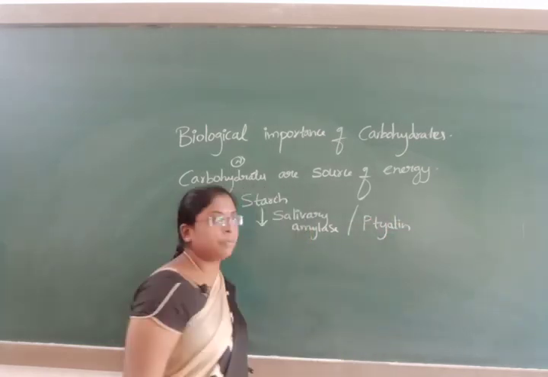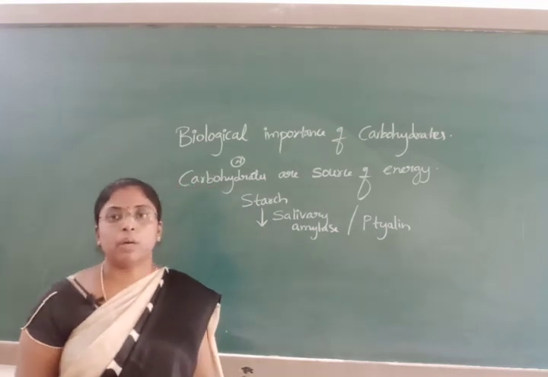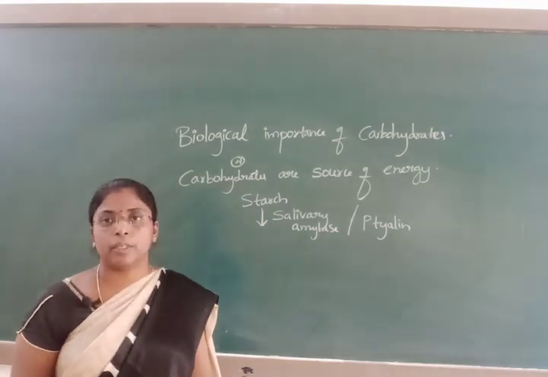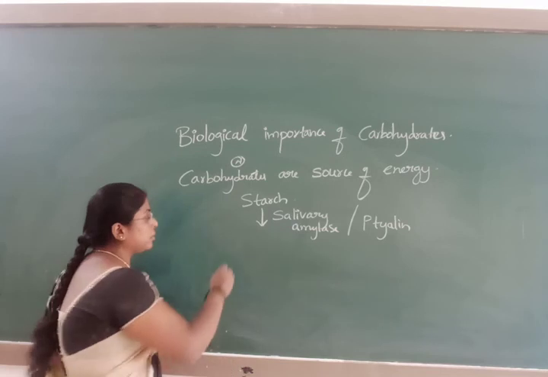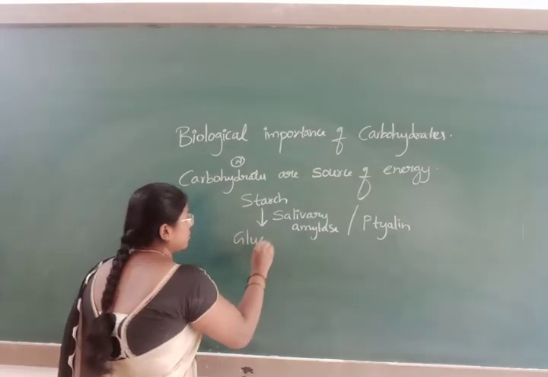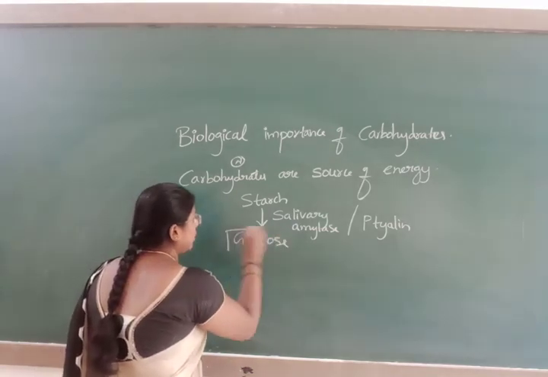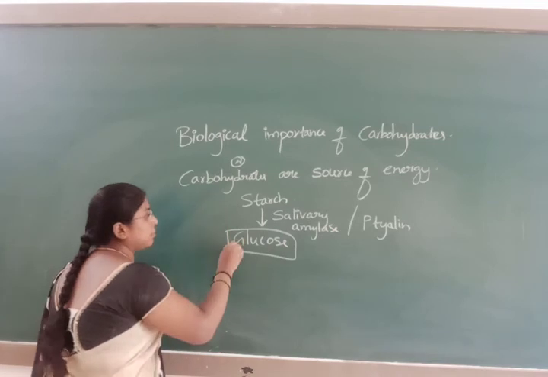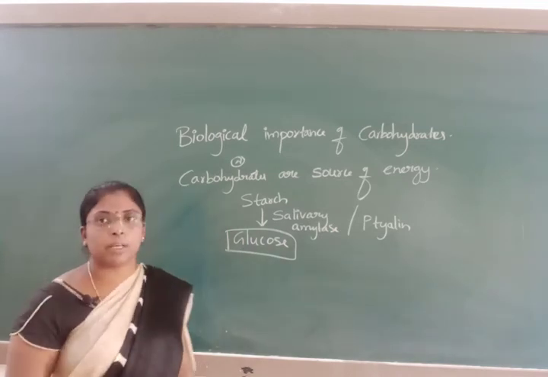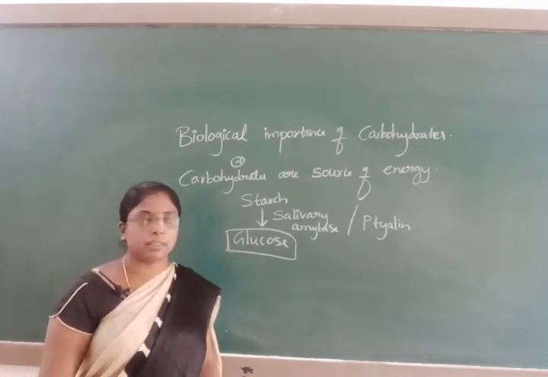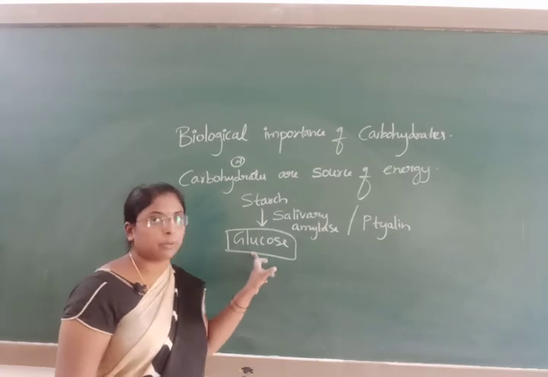Initially starch will form maltose. Maltose further breaks down and forms glucose units, alpha glucose units. In this way, glucose is produced by hydrolysis using salivary amylase or ptyalin enzyme.